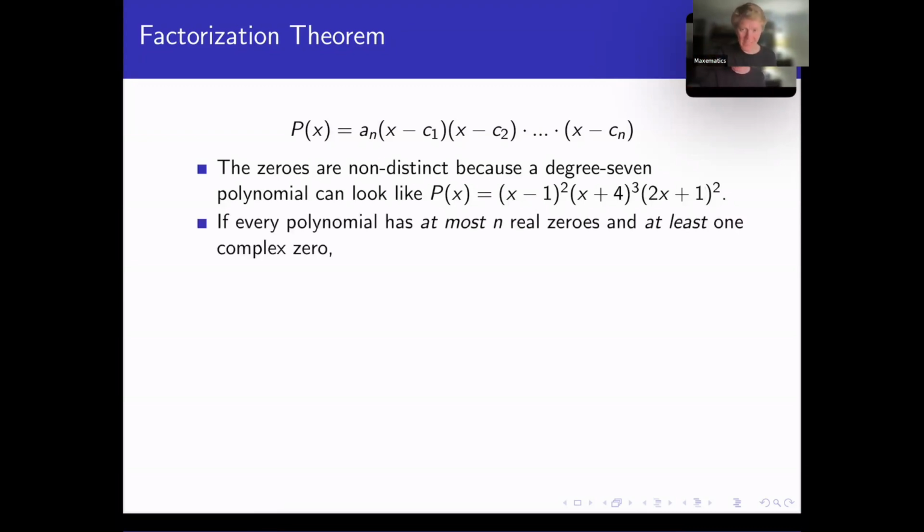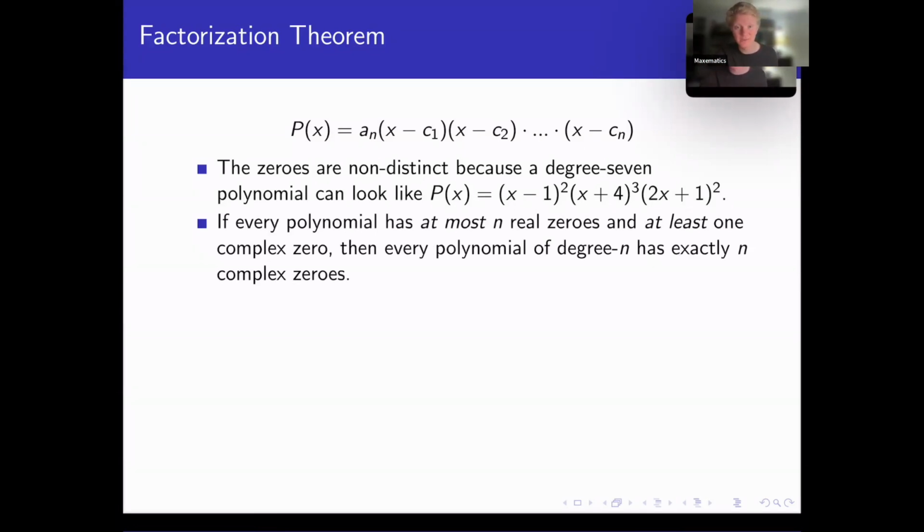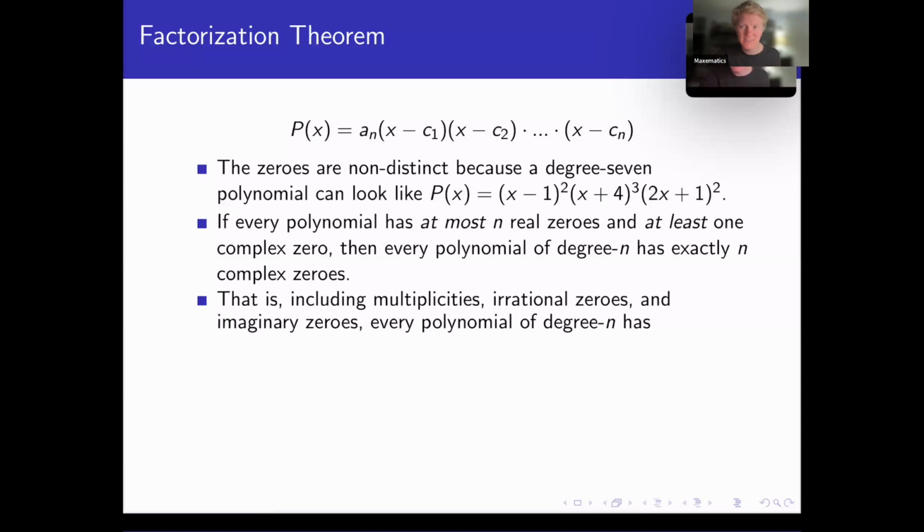Okay. Then, if every polynomial has at most n real zeros and at least one complex zero, then every polynomial of degree n has exactly n complex zeros. Well, that is, if you include multiplicity, if you include irrational zeros like you could get from the quadratic formula, if you include imaginary zeros, every polynomial has exactly n complex zeros.